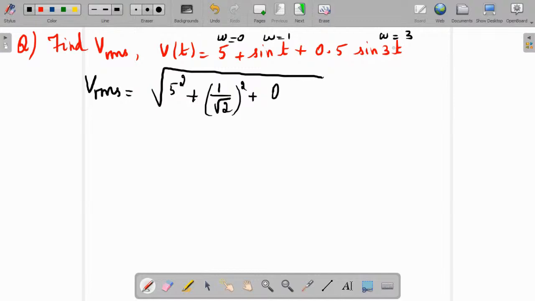So 25 plus 0.5 plus 0.125, you'll get the answer as the square root of 25.625. So the answer will be approximately 5.06. Okay, so VRMS is equal to 5.06 volt.